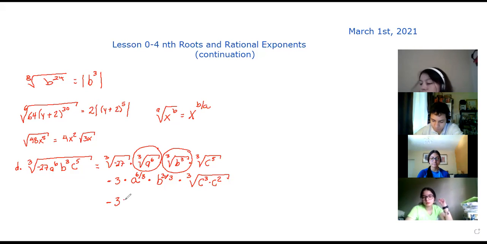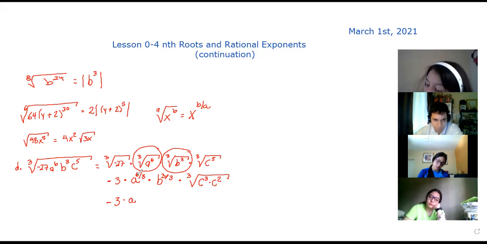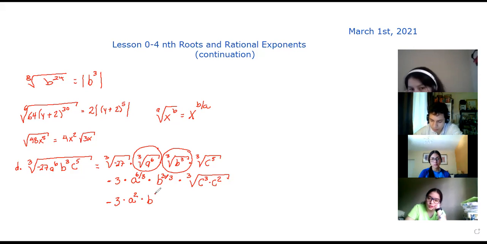Yes. Okay, now let's continue simplifying. Negative 3 times a, 6 divided by 3 is 2. Do we agree? Times b, 3 divided by 3 is 1, right? So I put 1. If I want, I write it, but it's not mandatory. Remember that this is invisible math. Now, in order to leave the radical, the power must be 3.